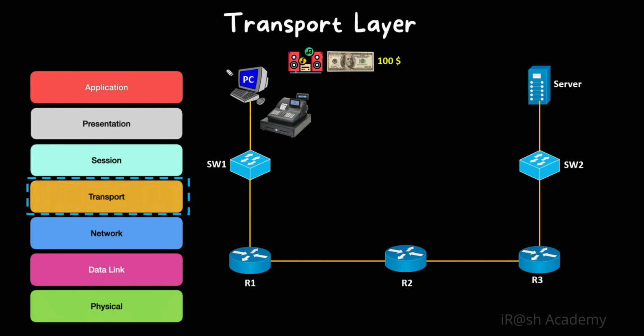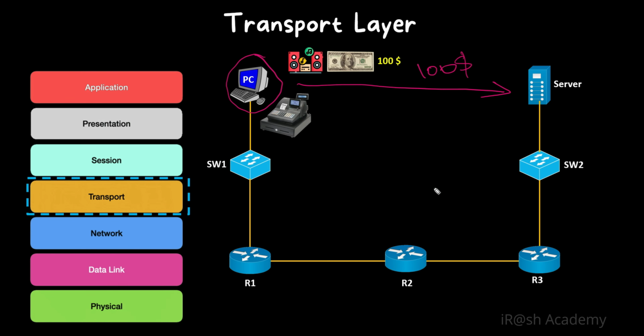Now let's come back to the electronic shop where I wanted to purchase a home theater system which costs $100. Here the client machine is the cash register and it is sending a sale order to the server for $100. Now how can we make sure that the sales order for $100 has been sent to the sales application in that server?